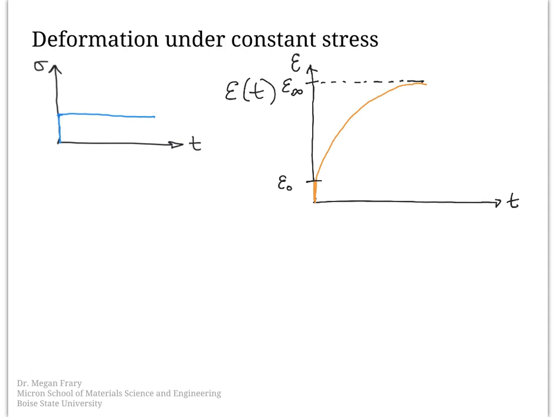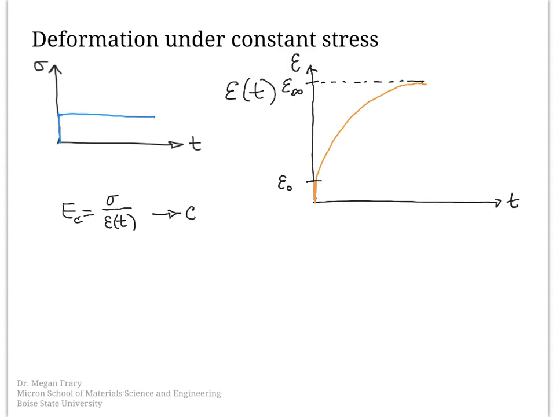So in other crystalline materials, the Young's modulus or elastic modulus is defined as the stress divided by the strain. And we use a similar approach here, only in this case, it's the strain as a function of time. So this modulus also actually is changing in time. And this is called the creep modulus.